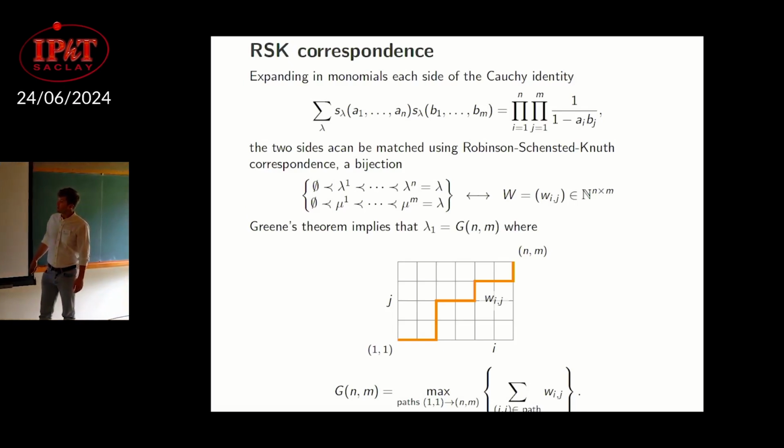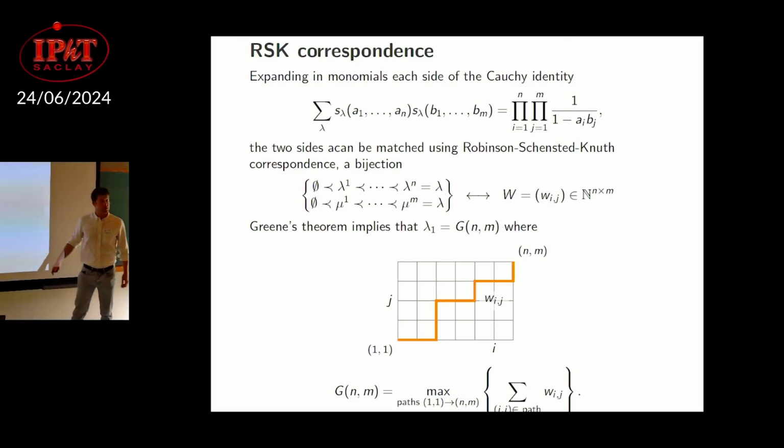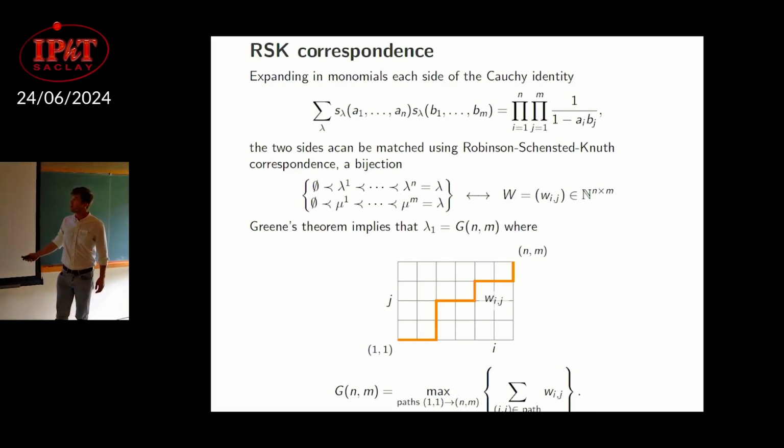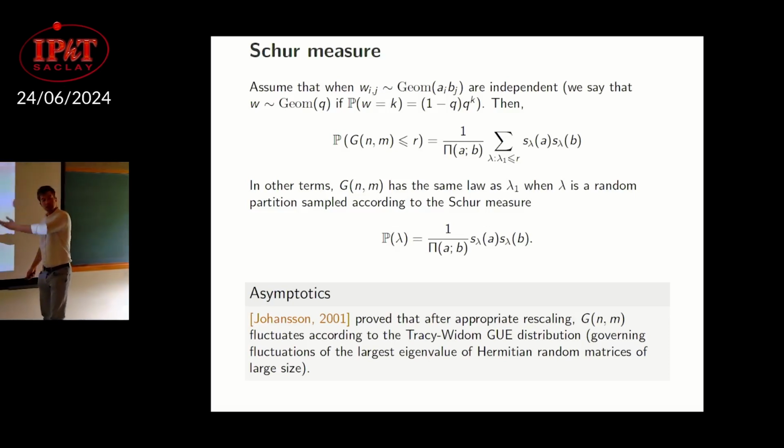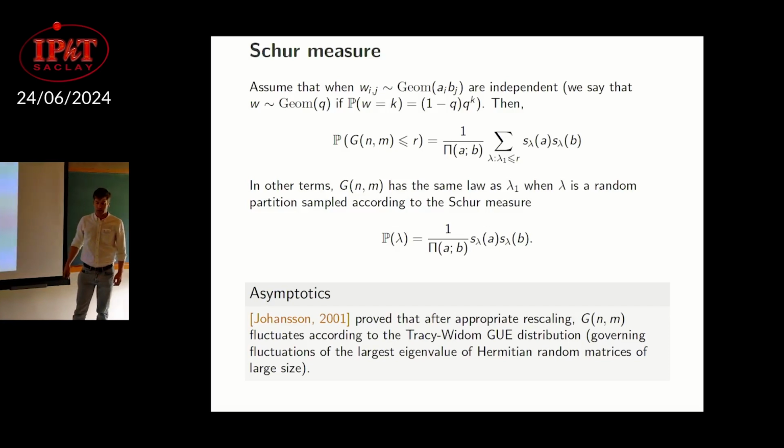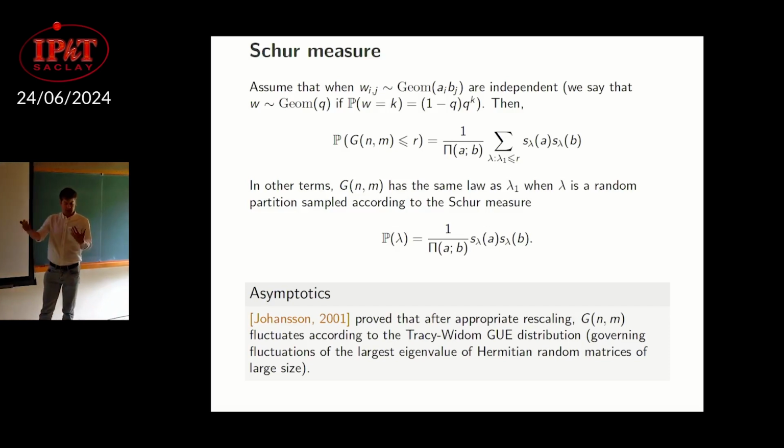So because of this RSK correspondence and because of the skew Cauchy summation identity, one can now probabilistically interpret the identities by looking at all the monomials as certain probabilities that a certain matrix arises.